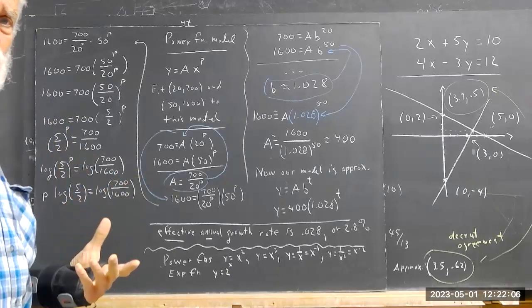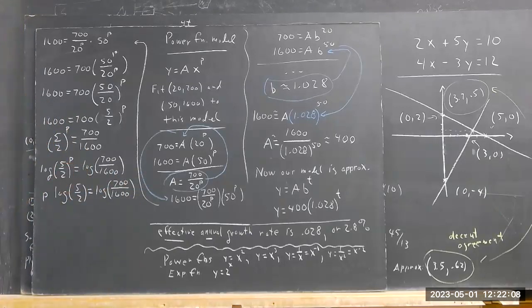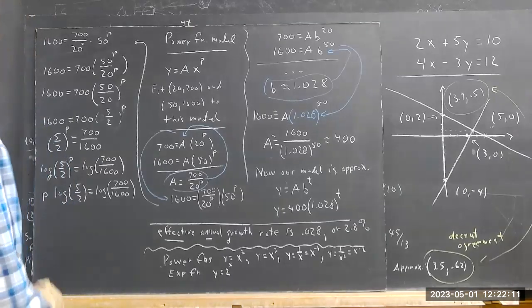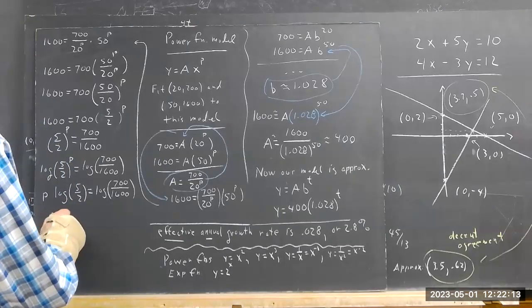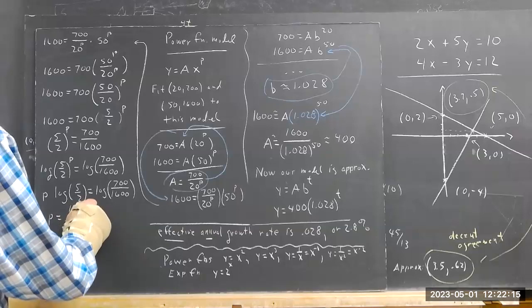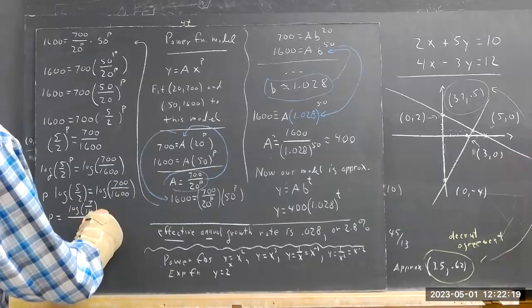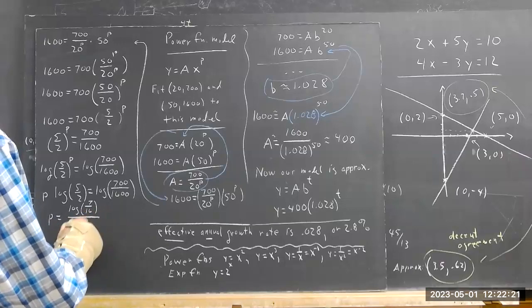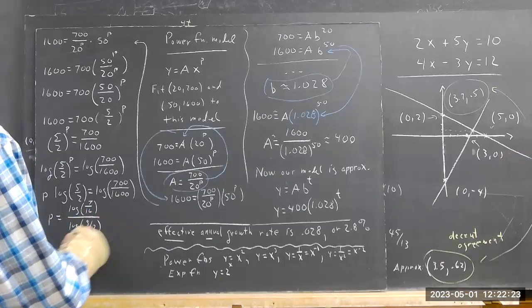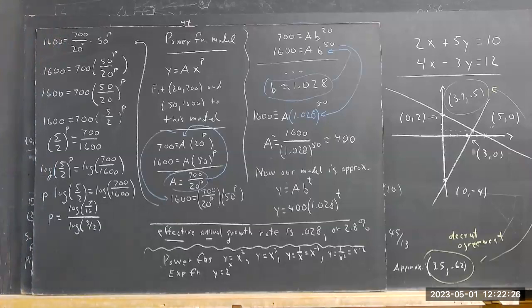You see that rule? Okay, good. You've been extremely well prepared. Okay, so p equals the log of 7/16, we don't need those zeros, divided by the log of 5 halves.